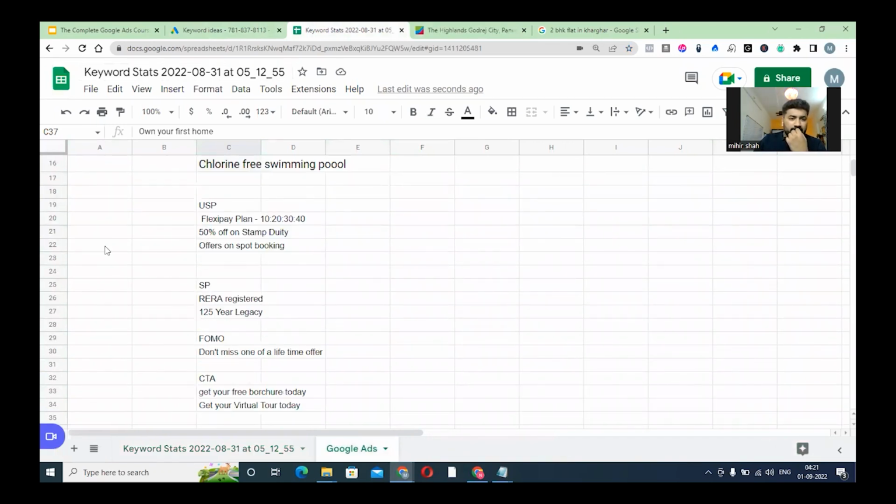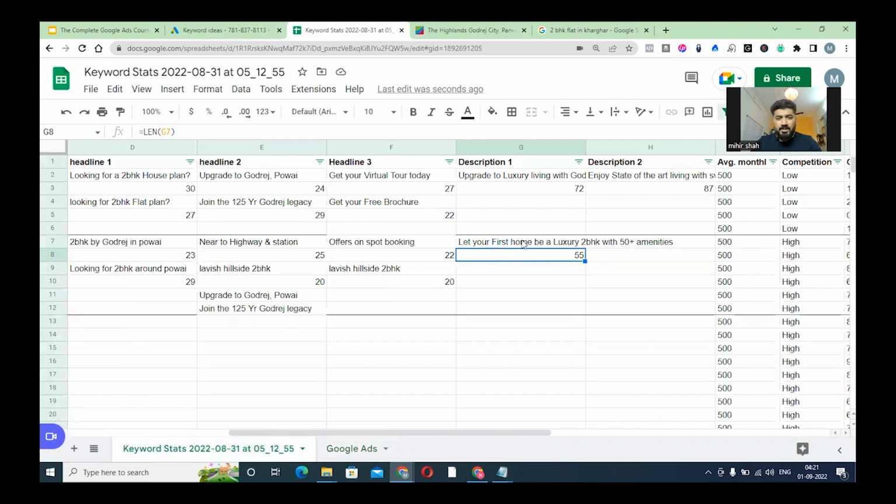50 plus amenities. What I can do is here I can give him an offer in the description as well. So here I will just say amenities and enjoy, till 85. So now 2 BHK.